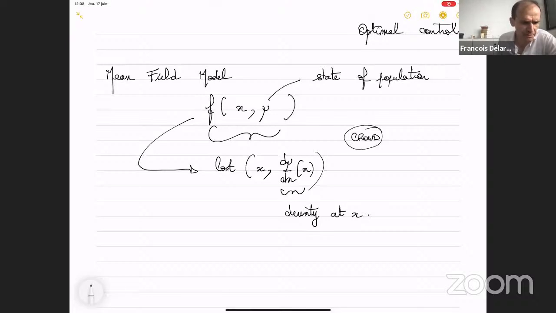Whilst from the probabilistic point of view, this is a little bit less common for the simple reason that if you come back to the particle system, the notion of local density is not well defined. So you have to make some modification of the local density to give a meaning to the particle system. Certainly, I think that Diogo Gomes did some papers.